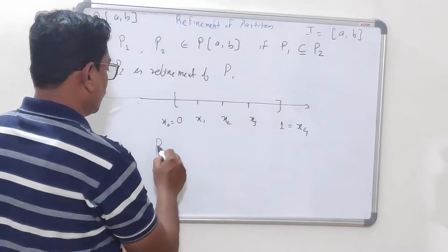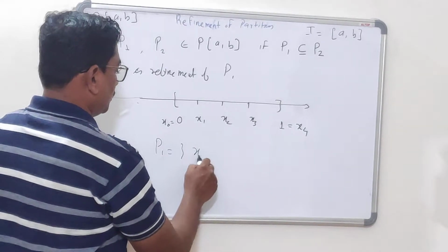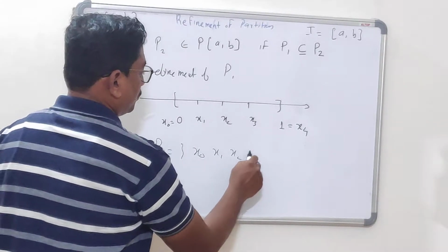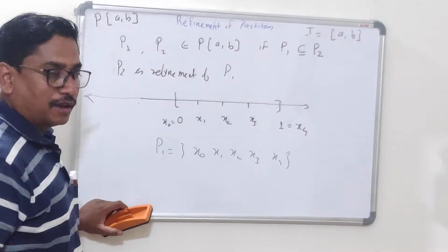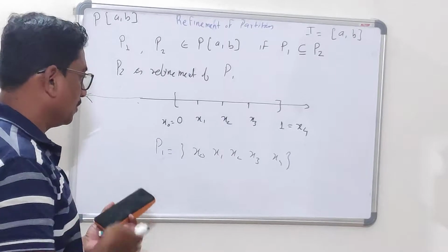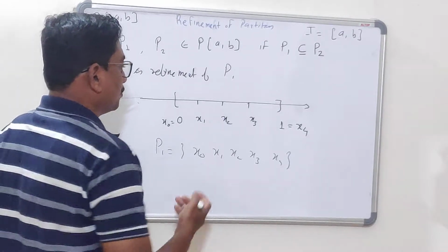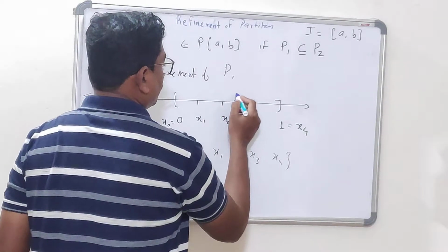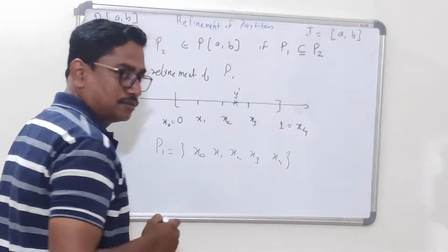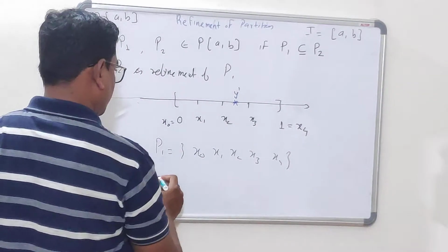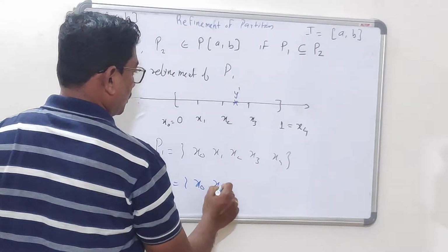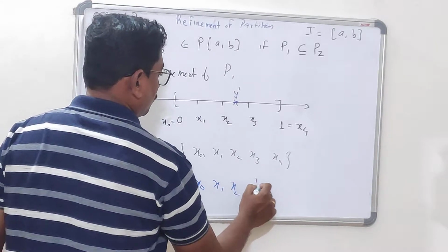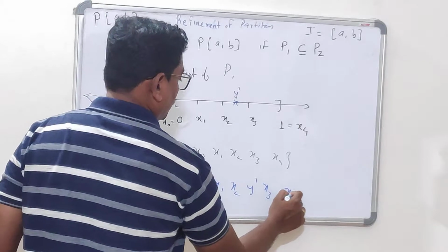This partition I call P1: x0, x1, x2, x3 and x4. If I add some more points here, suppose I add y dash, then the other partition will be x0, x1, x2, y dash, x3 and x4.